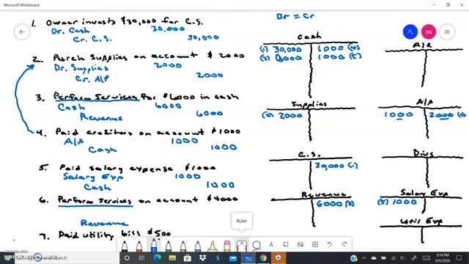So we know we have a credit to revenue of 4,000. And instead of a debit to cash, we didn't receive cash. Our accounts receivable went up by 4,000, and an increase in an asset is a debit. So debit accounts receivable, 4,000. That's entry 6. So 4,000 debit accounts receivable, and credit 4,000 of revenue.